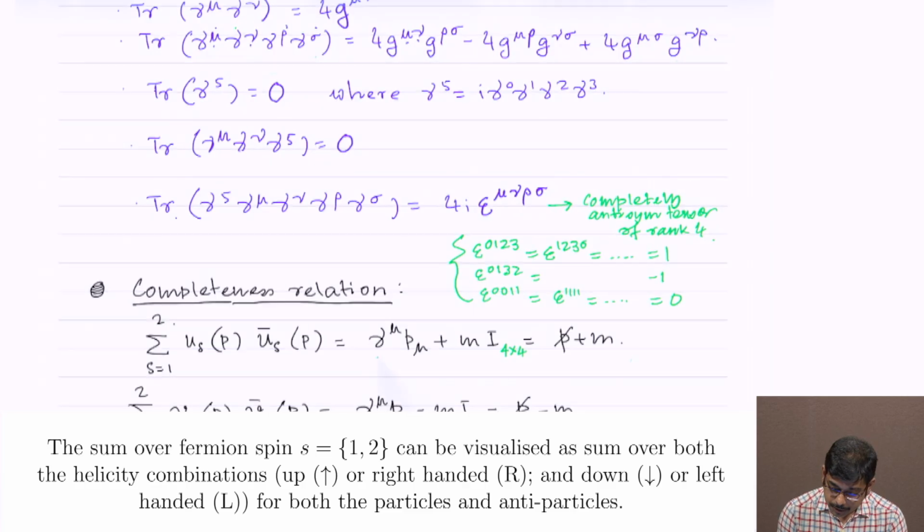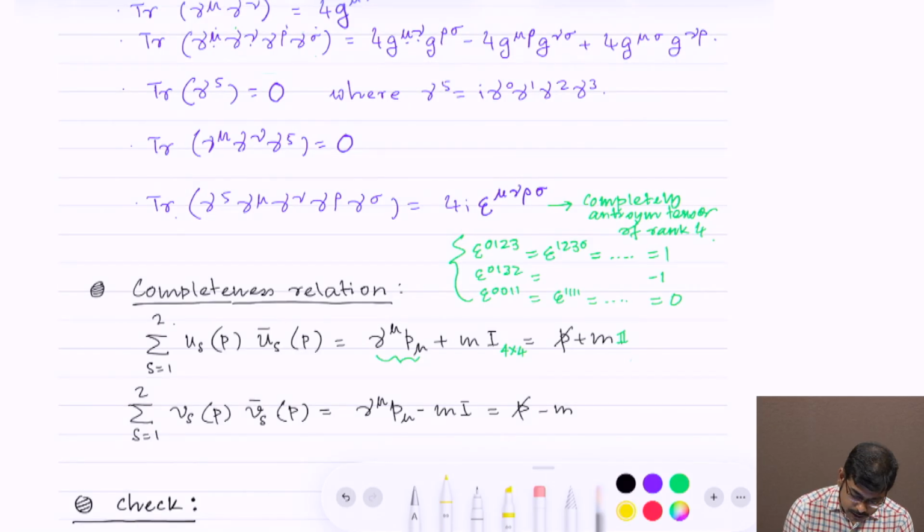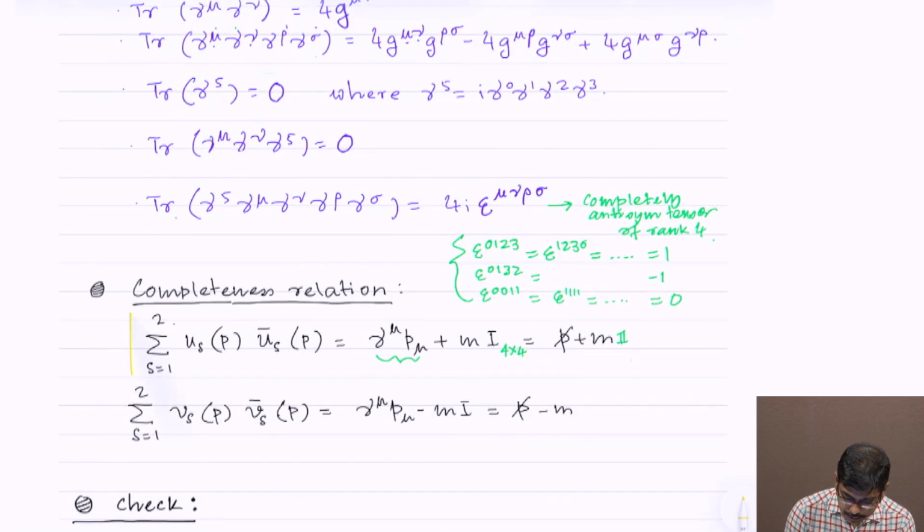Gamma mu p mu is usually written as p slash. So this is p slash plus m, where you tacitly know that this m comes with a 4 by 4 identity matrix. This is one relation which is going to be very useful.